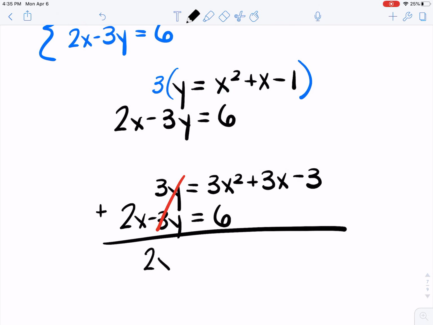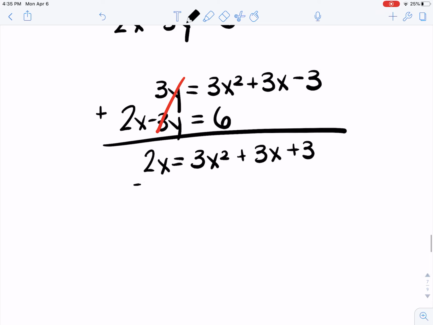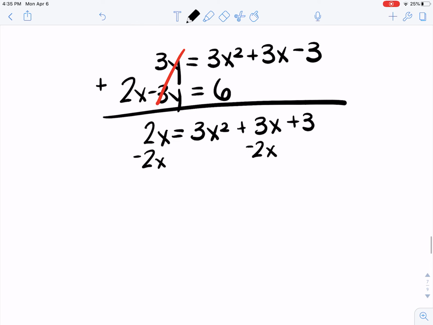So now I have 2x equals 3x squared plus 3x plus 3. Next, I'm going to subtract 2x on both sides so that everything gets over onto one side, the equation equals 0, and I'm able to solve a quadratic equation.